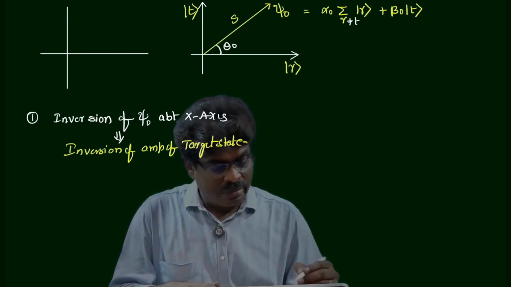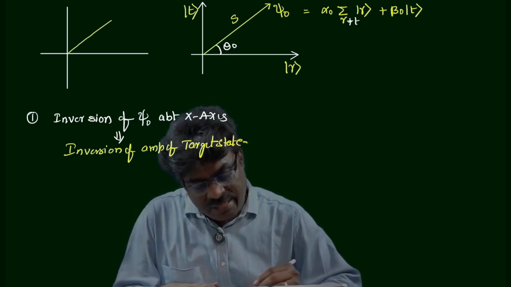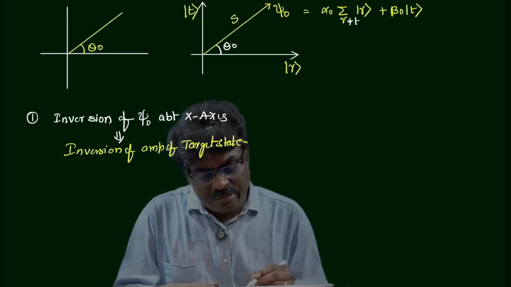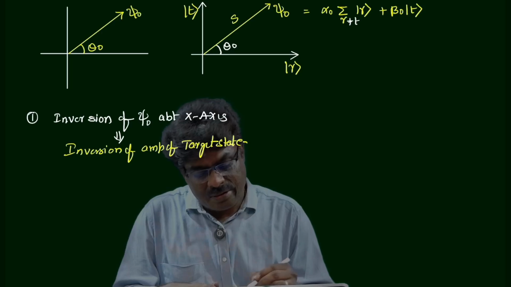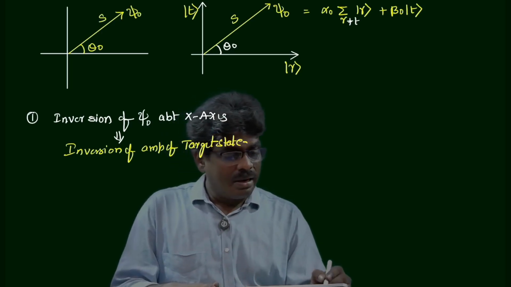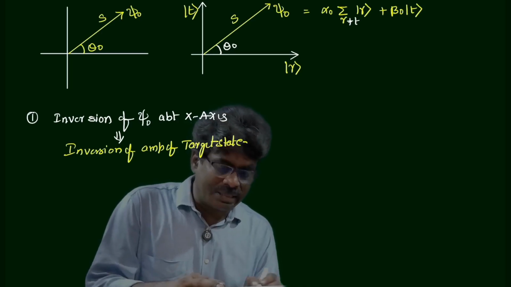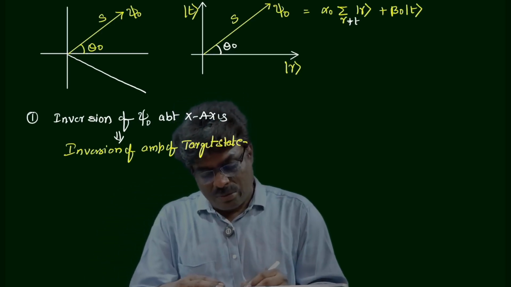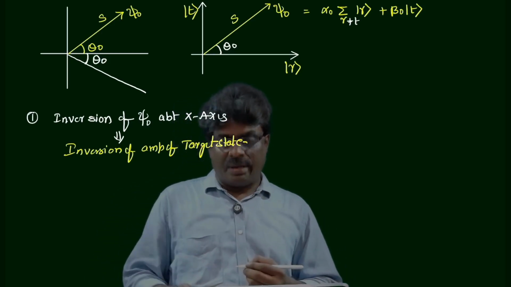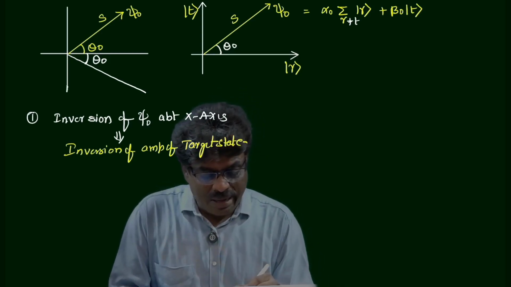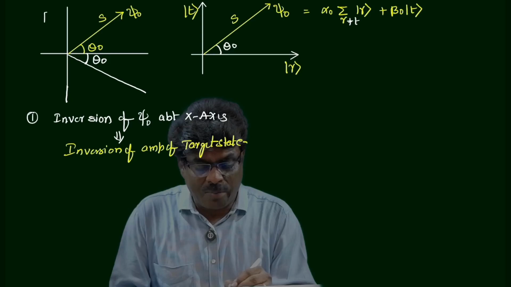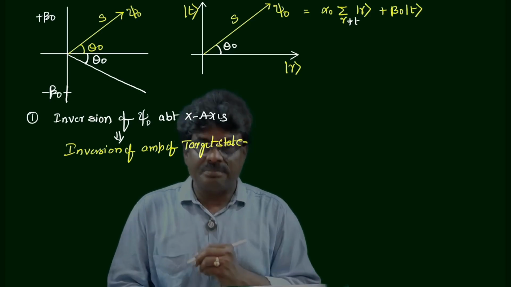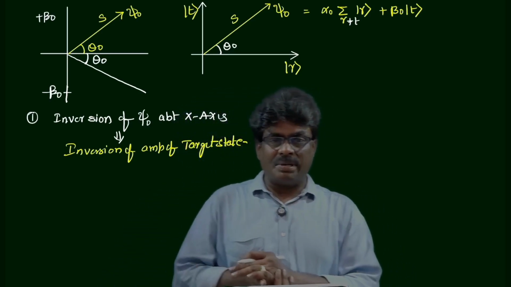Here we have the initial state psi naught, and the angle is theta naught, and this is psi naught, the superposition state S. If you take the inversion about the x-axis, the angle is the same, theta naught, but the amplitude, earlier beta naught, a plus, becomes minus beta naught. The target state amplitude becomes minus beta naught.